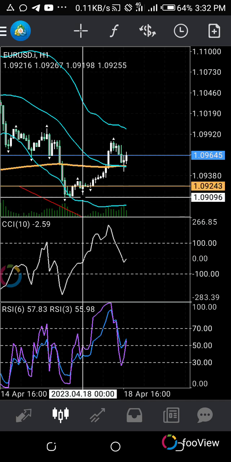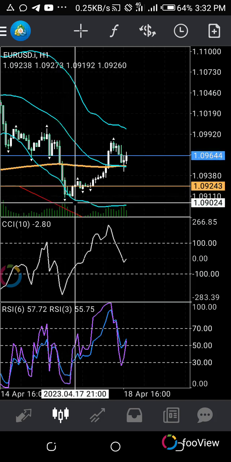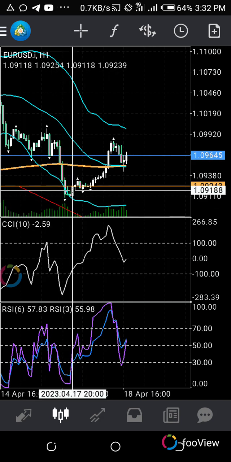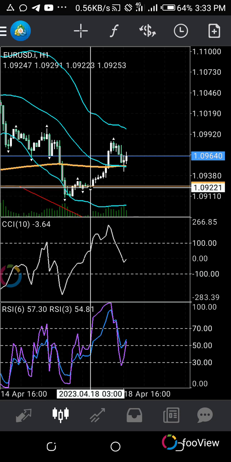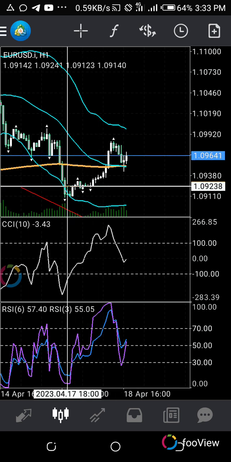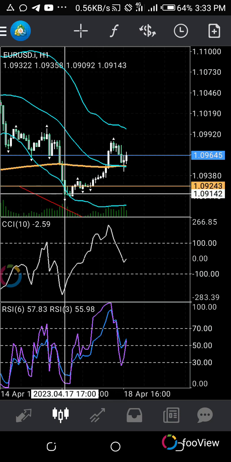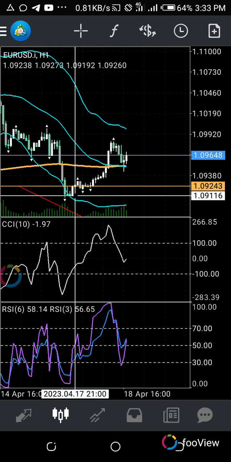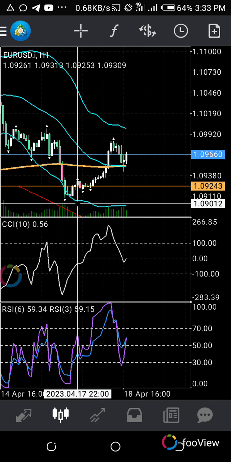Now here we have a break below, we have a bearish candle, a bullish candle to the upside that retested the golden line. That is, it now serves as a resistance, because we have a break of support. It was the support before. Now because we have a break, it turns to a resistance. Now we'll be looking for a sell, right?